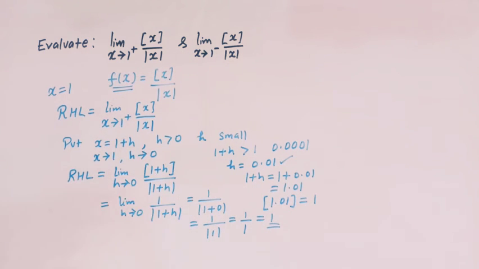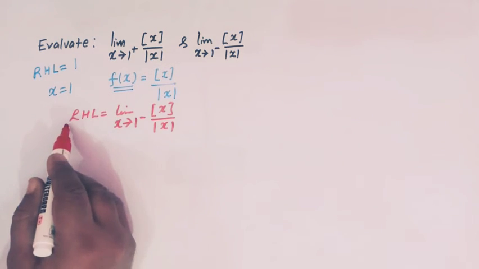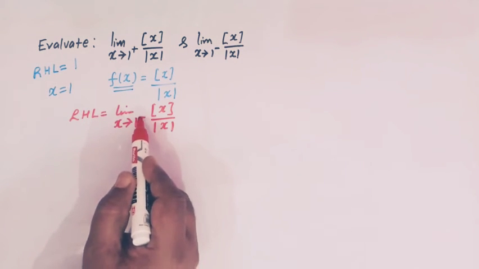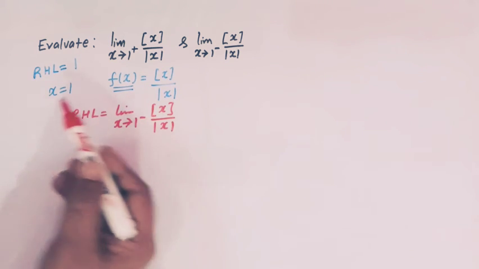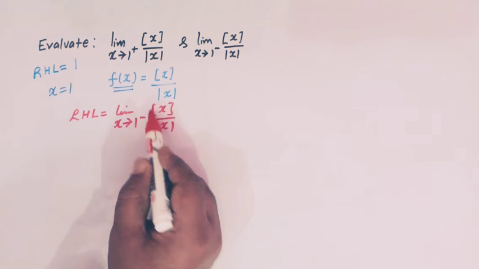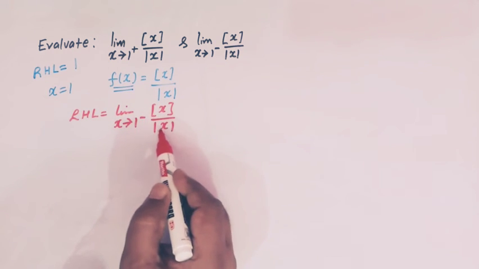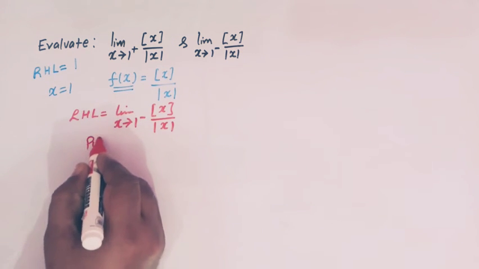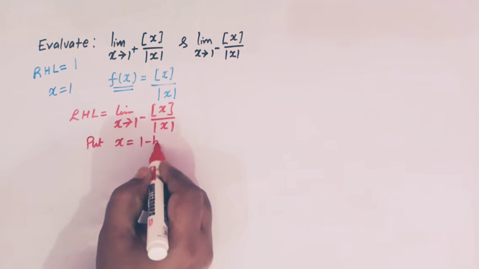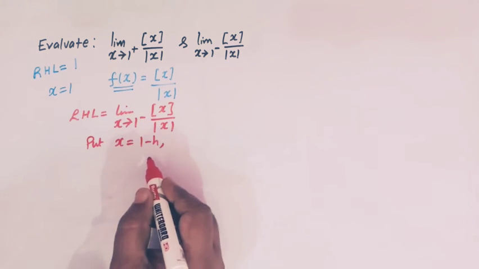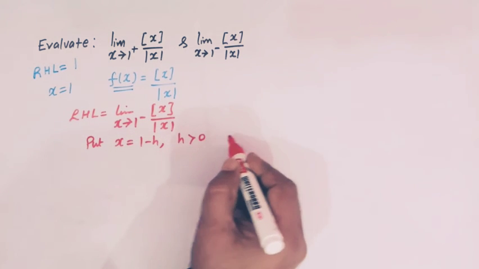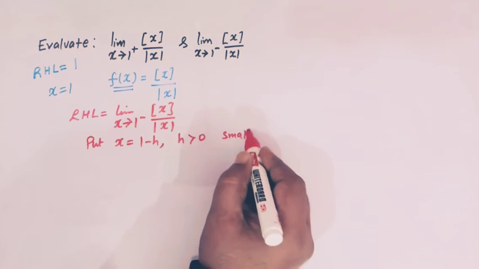Now let us evaluate the left hand limit. The left hand limit of this function f of x is given by limit x tends to 1 minus, where the negative sign denotes the left hand limit, of greatest integer x divided by absolute value of x. To evaluate this limit, let us put x equal to 1 minus h, and as we have discussed, h is a positive quantity but a very small number.